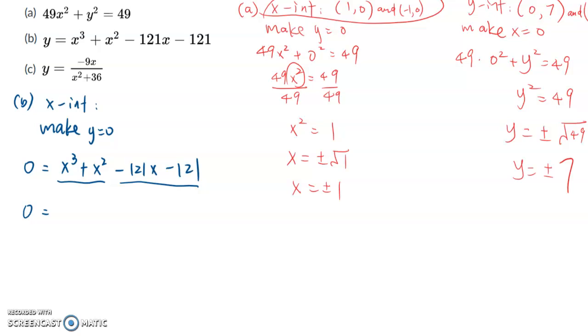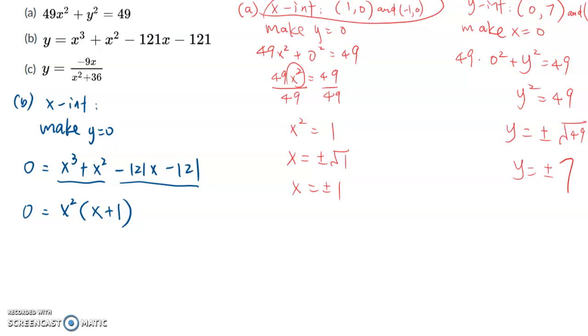So for the first group, the GCF is x squared. I'm going to factor that out. So factoring x squared out, I will have to divide every term by x squared. So x cubed divided by x squared is x, plus x squared divided by x squared is 1. Okay, that's the first group.